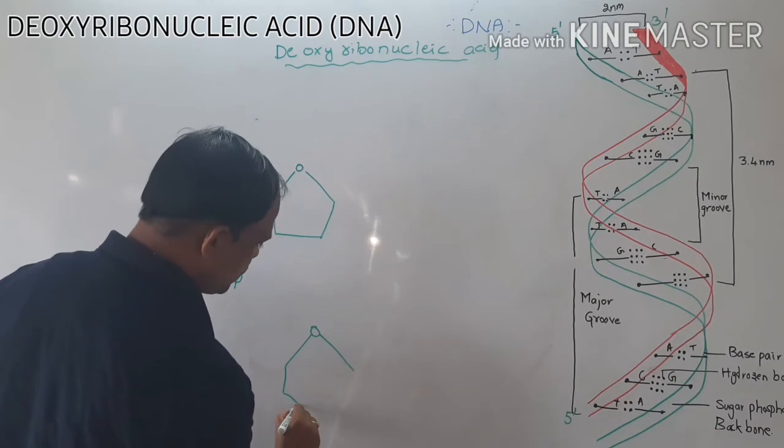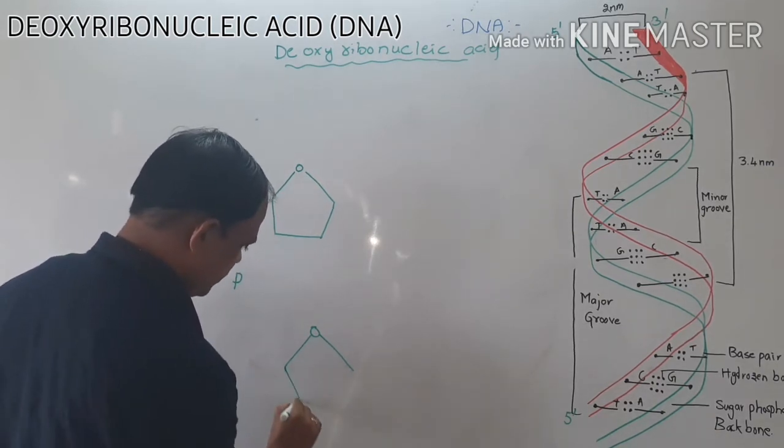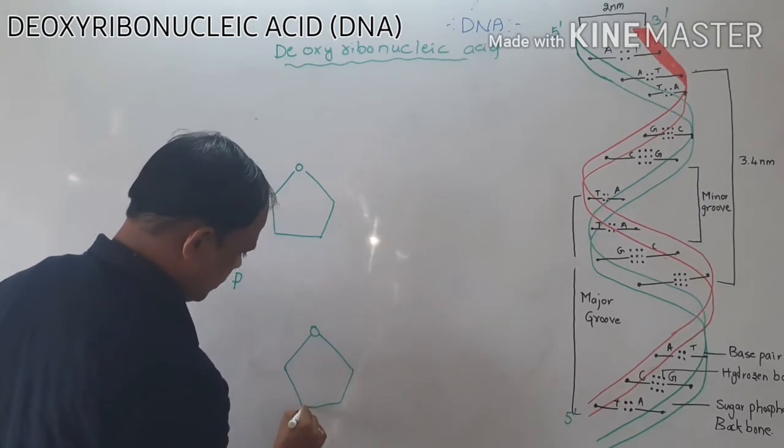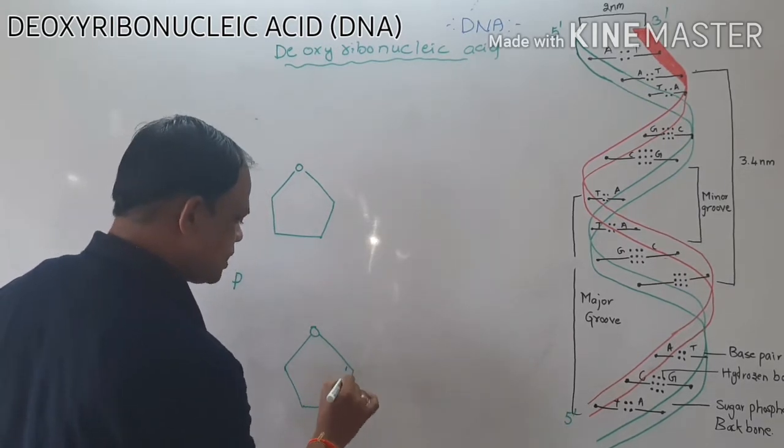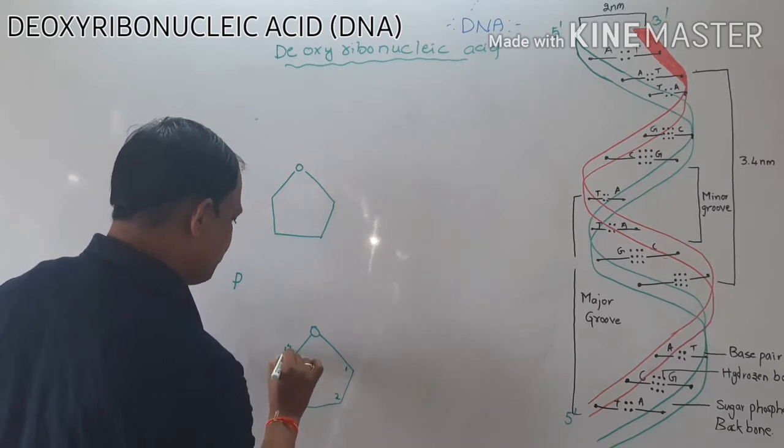This is a pentose sugar: first carbon, second carbon, third carbon, fourth carbon, and here the fifth carbon.